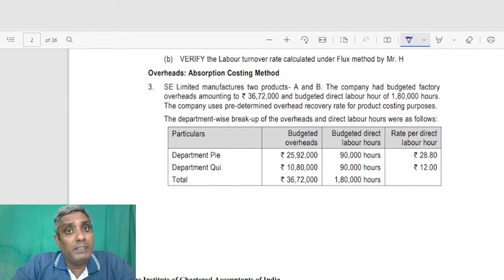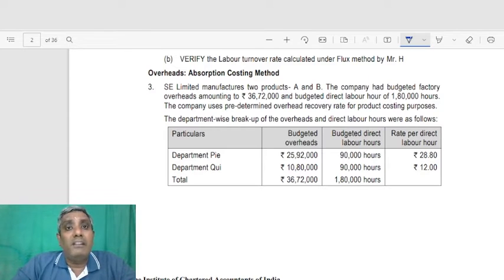In the reciprocal method, we learned about the simultaneous equation and repeated distribution method. Stepladder method, please remember, one service department will serve the other and the other will not serve the first service department. So if A and B are there, A will do service to B and B will not do service to A. The cost allocation will not happen. Stepladder method. So you should be very clear with these concepts.